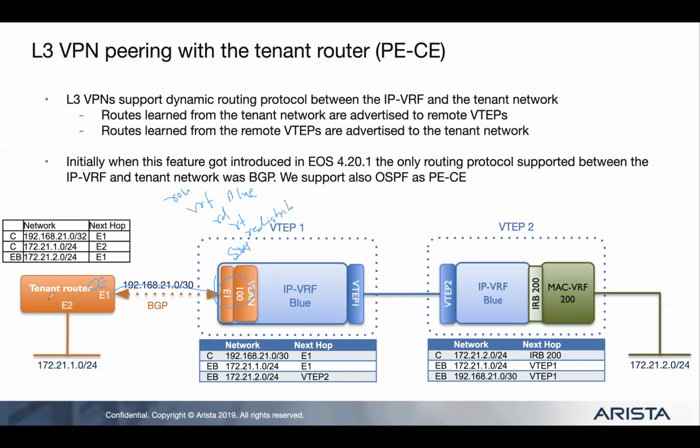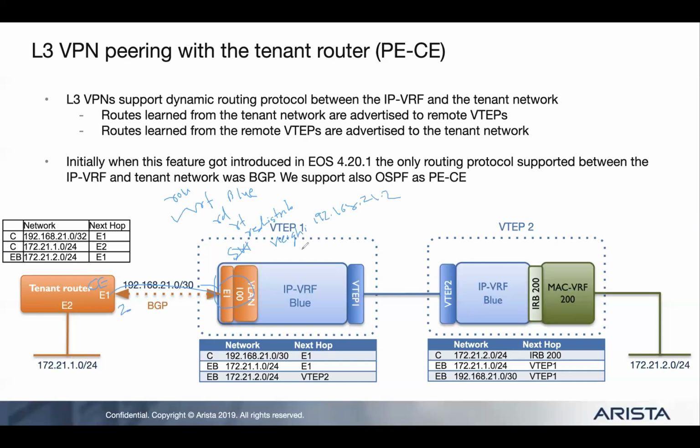Extra configuration to support this: we also have to configure a neighbor. This BGP neighborship is under this VRF blue. So we will configure that neighbor 192.168.21.2, let's say this side is 2.